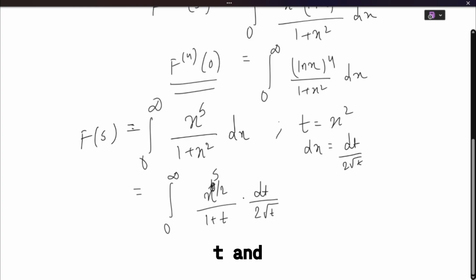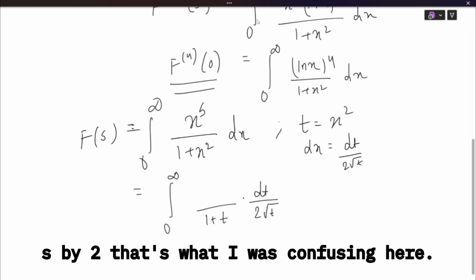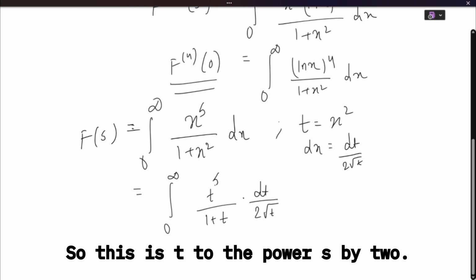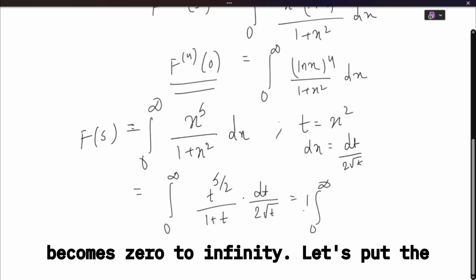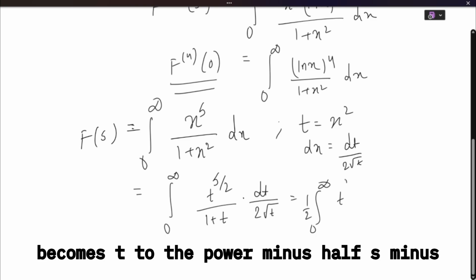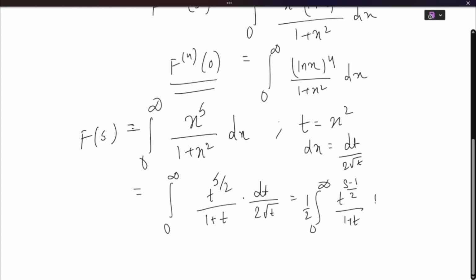And finally, the integral basically becomes, let's put the half outside, the integral from 0 to infinity of t to the power s minus 1 by 2, divided by 1 plus t, dt.